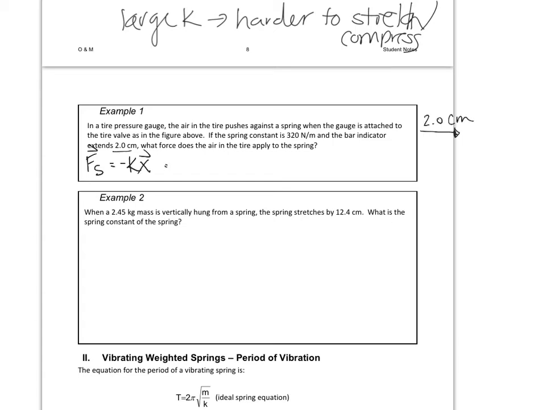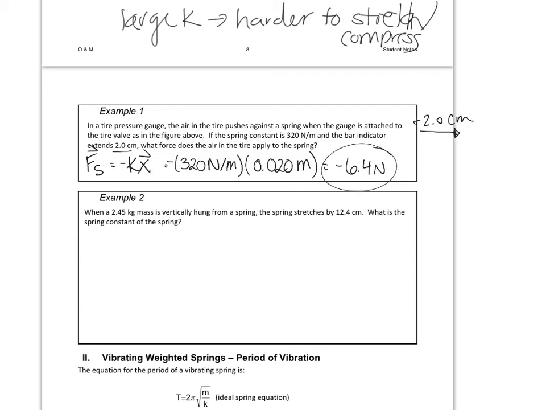Therefore, we are going to input that as a positive value. K was 320 newtons per meter. X is positive 2 centimeters. We need to change that into meters, so 0.020 meters. Oh, and I forgot my negative at the front there. When we calculate this out, we get negative 6.4 newtons.